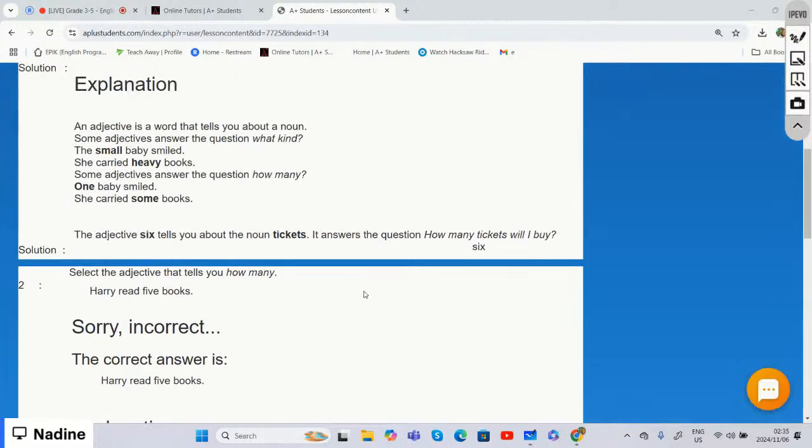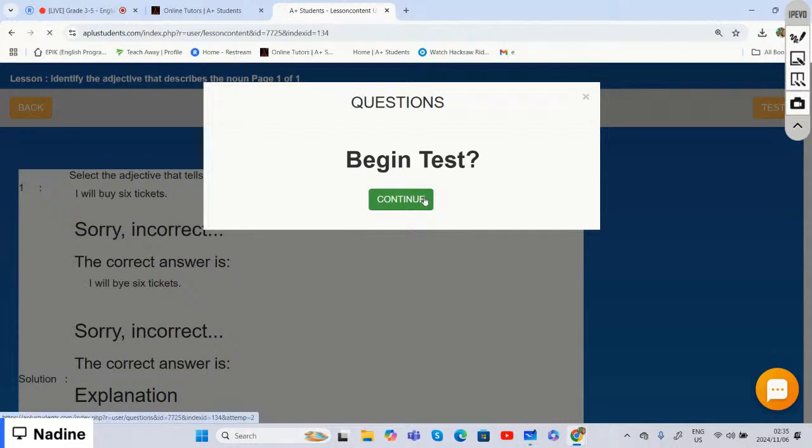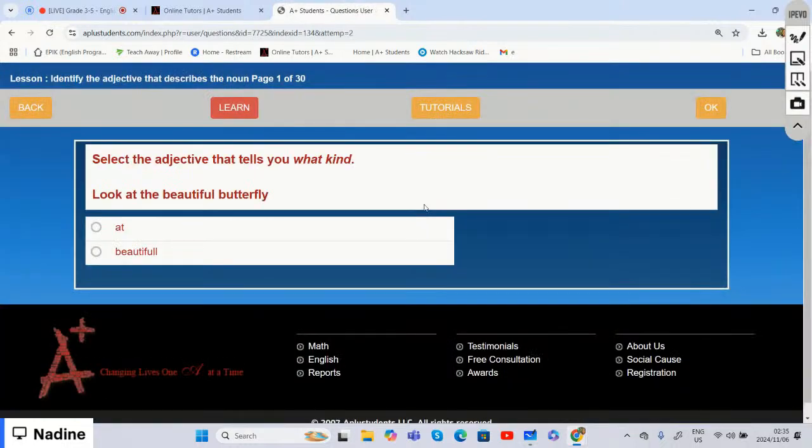All right. So now we're going on to our test where we are going to identify the adjective that describes the noun, whether it is an adjective that tells us what kind, or if it's an adjective that tells us how many. But we are going to identify the adjective that describes or modifies or tells us about the noun.